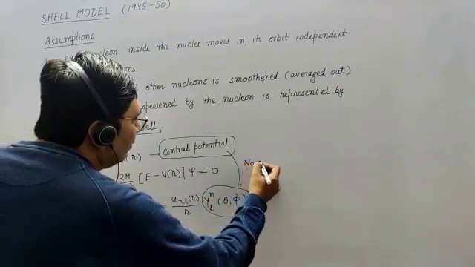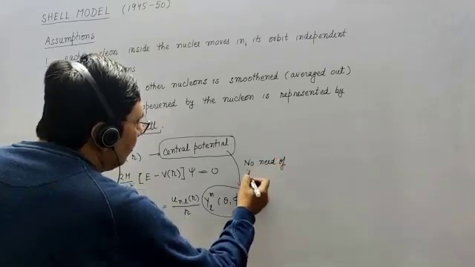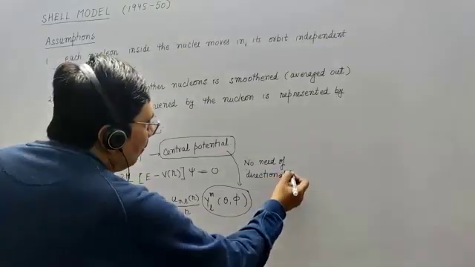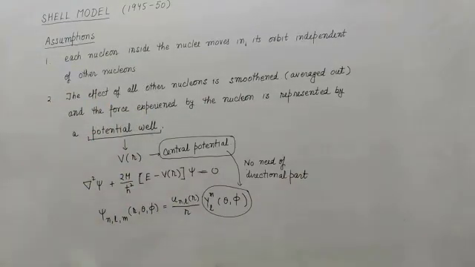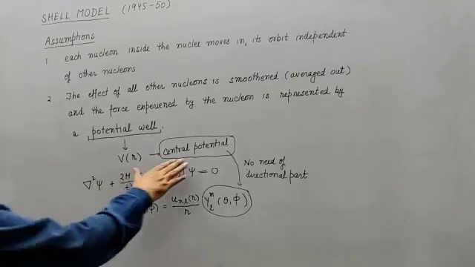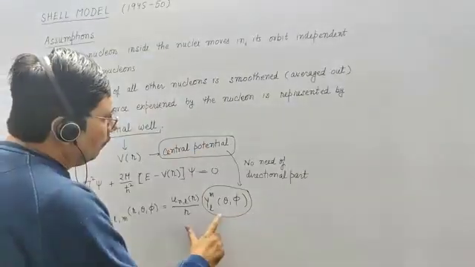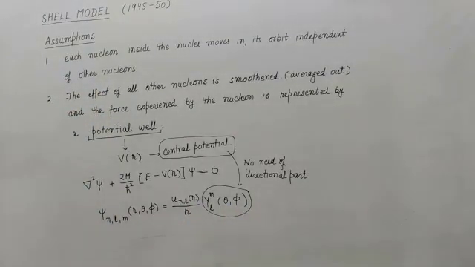So we will solve this time-independent Schrodinger equation only for the radial part. There will be symmetry for theta and phi, so there is no need for that part.